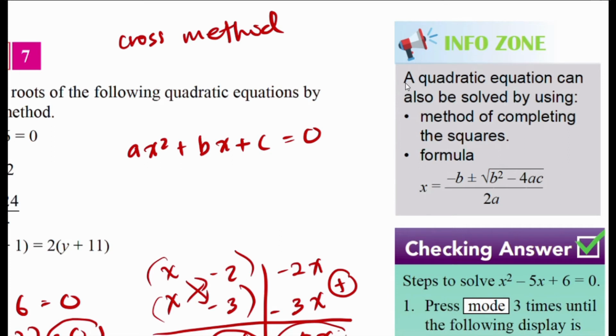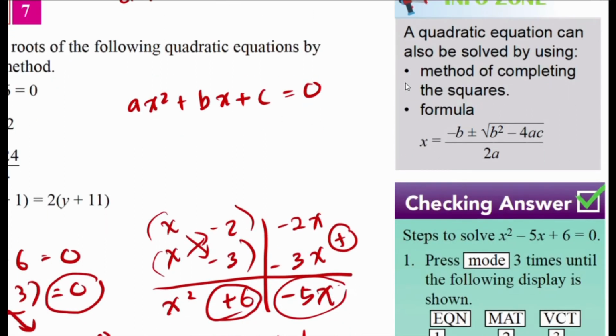Now you have learned how to find the root of the quadratic equation by using factorization. Actually there is another method, which is the method of completing the square, and also a formula. You can learn how to use these two methods in Add Maths.